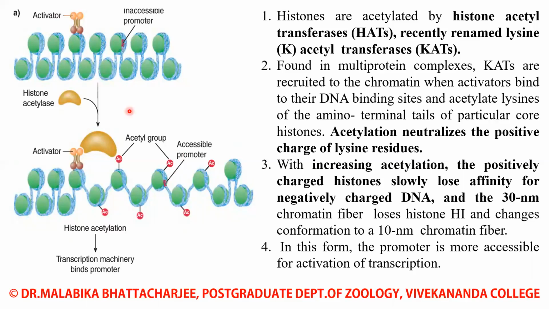Now if there is an enzyme that removes this acetylation, as you can see, if the acetyl groups are removed, so that is done. If the acetyl groups are added, it is done by an acetylase enzyme. If they are removed, it is done by a deacetylase enzyme. So when an acetyl group is added, you can see the DNA in its relaxed conformation. But if we remove the acetyl group, we'll again get this condensed formation.